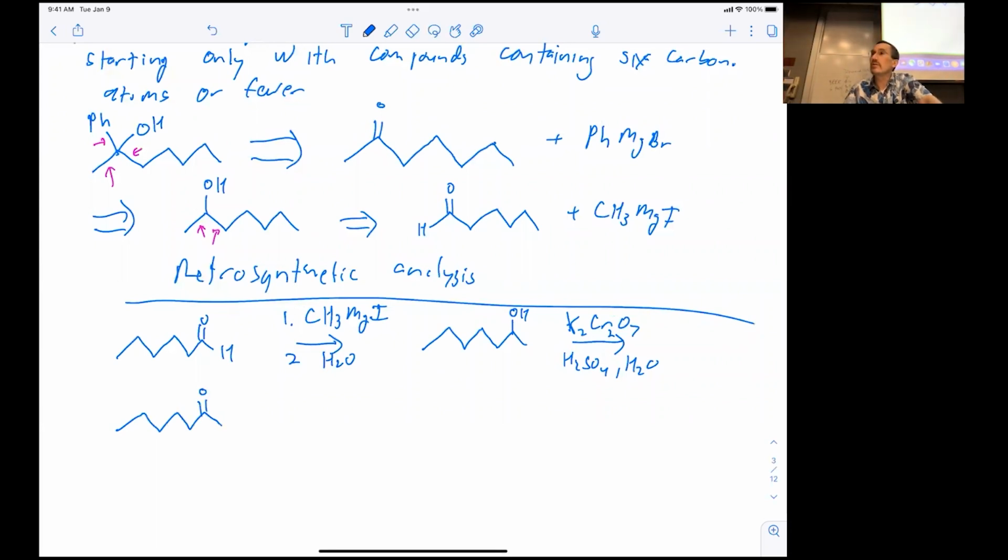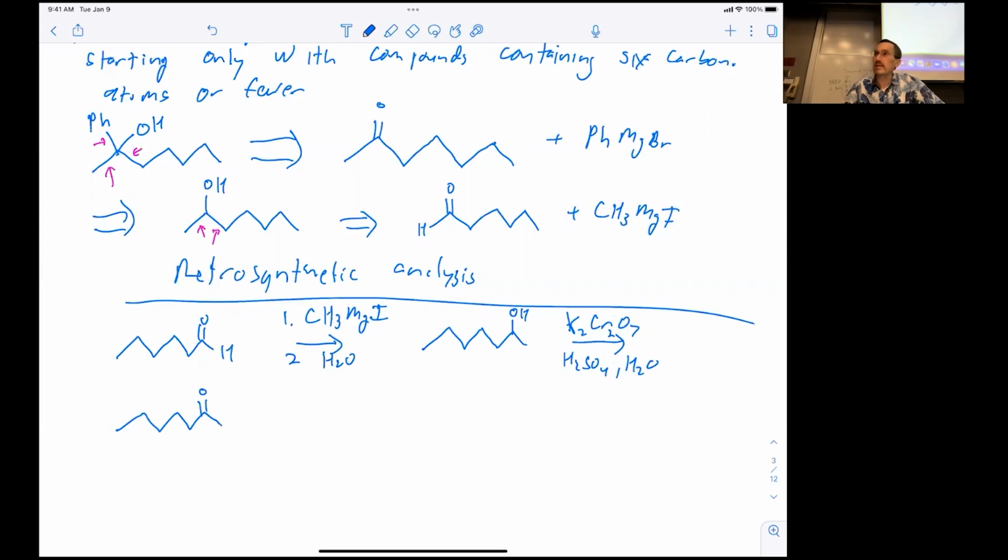Chromium-6 is carcinogenic and toxic. And these days, although this is what your textbook has taught because they're giving you a limited menu, chemists often use other oxidizing agents that don't have chromium-6.